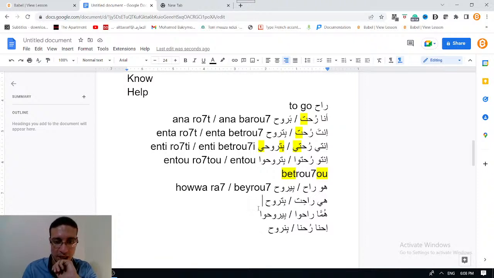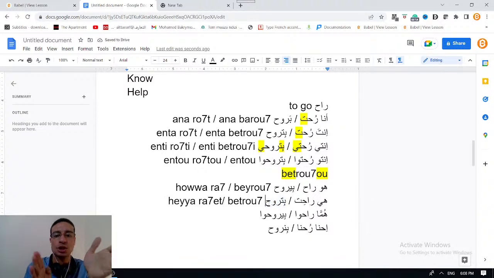And then هي راحت, it always ends with t in the past, and هي بتروح. In the present tense, the conjugation of هي is the same as أنت, you the masculine. So أنت بتروح, هي بتروح.